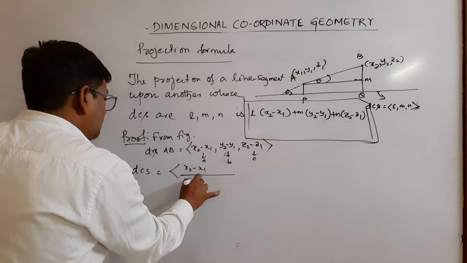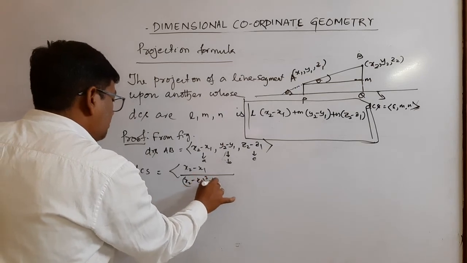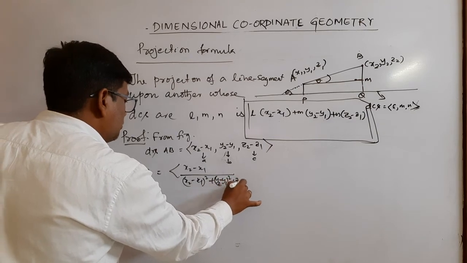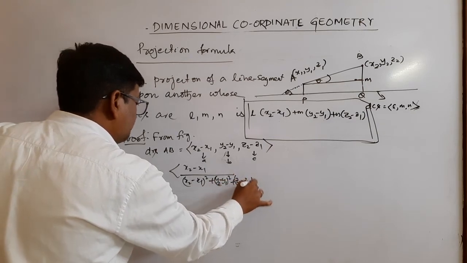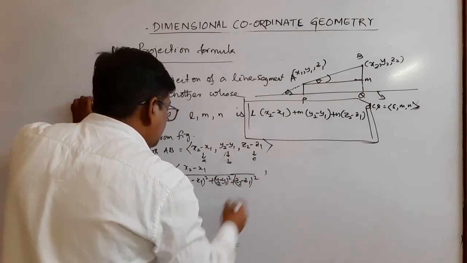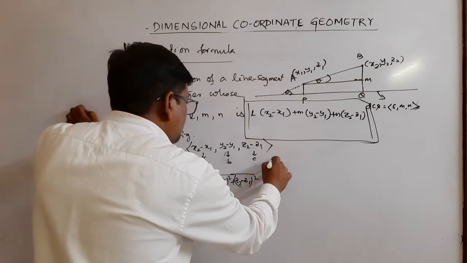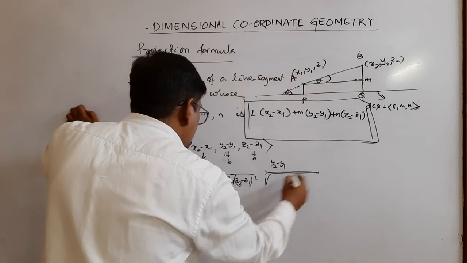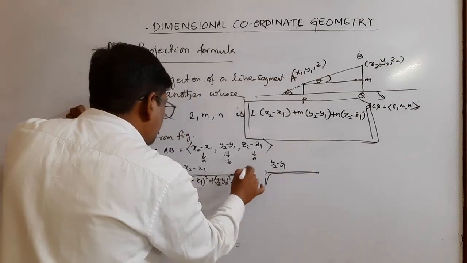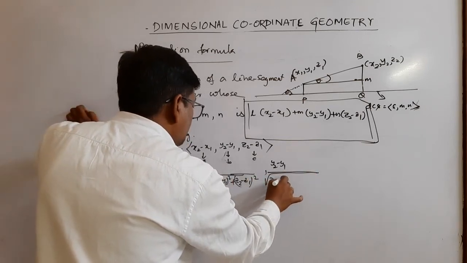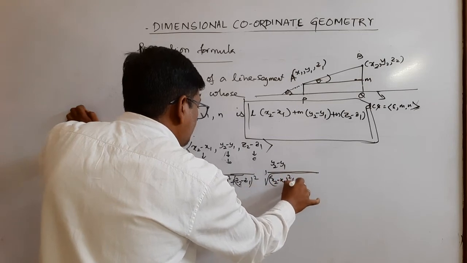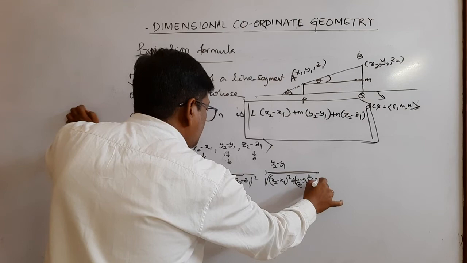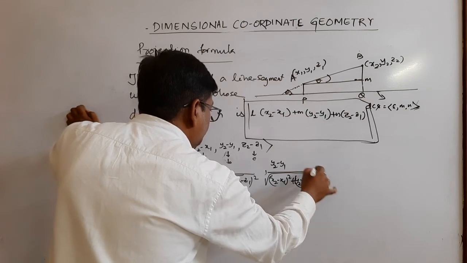x2 minus x1 whole square plus y2 minus y1 whole square plus z2 minus z1 whole square, and that is y2 minus y1, same concept here, square root of x2 minus x1 whole square plus y2 minus y1 whole square plus z2 minus z1 whole square.